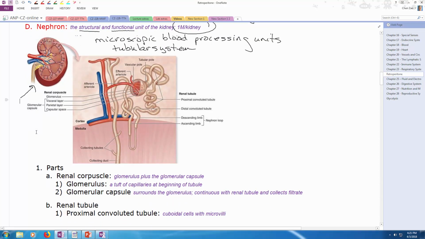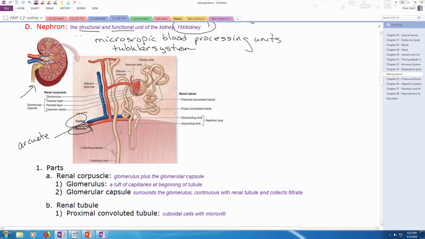This area is lighter in color, so indeed it's the cortical area. This area is darker in color, indeed the medullary area. We're taking a look at the cortical medullary junction right now, and therefore this blood vessel is called the arcuate.